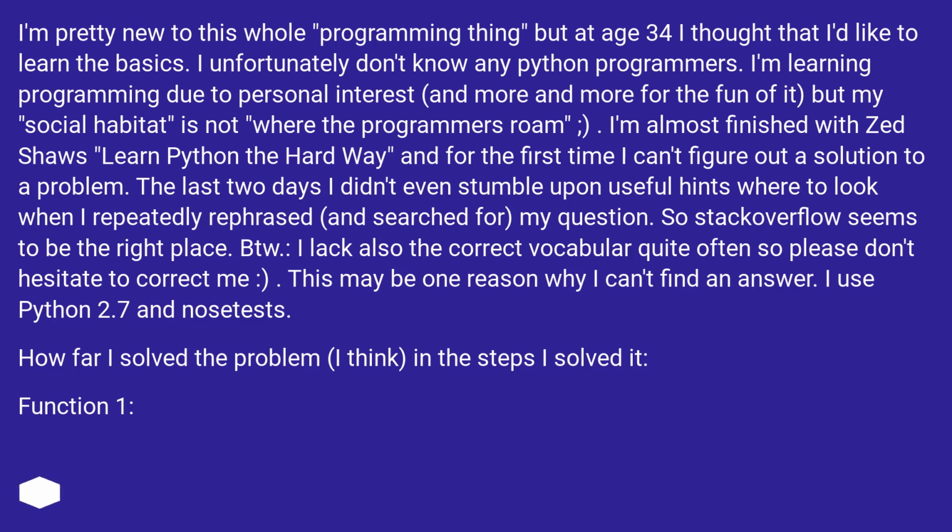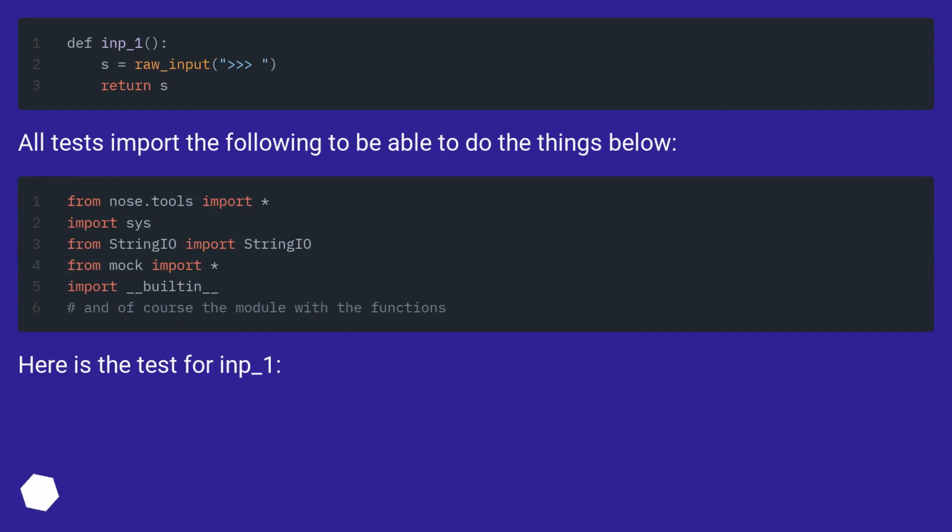I use Python 2.7 and nosetests. How far I solved the problem, I think, in the steps I solved it. Function 1. All tests import the following to be able to do the things below. Here is the test for imp_1.